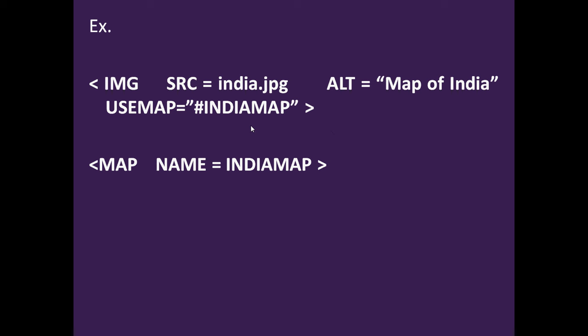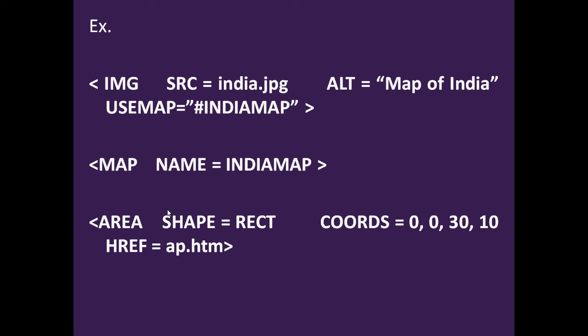And as I said earlier, this name and this name must be the same. Next, area shape is equal to rect. In case of rectangle, you have to write the 4-lettered word rect, which represents a rectangle. So we are using the area tag, shape is rectangle, and specify the coordinates.